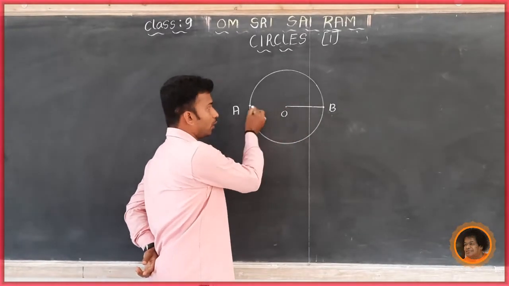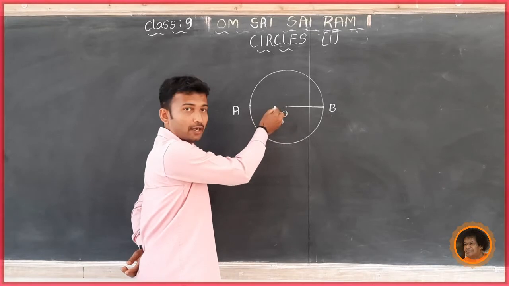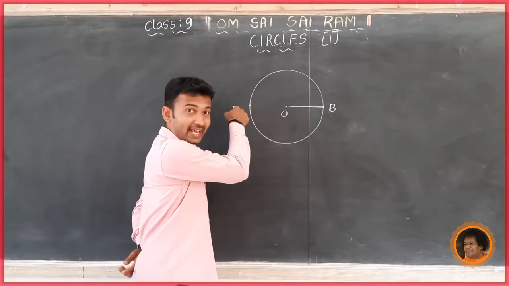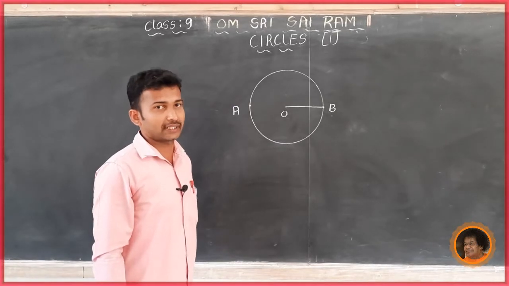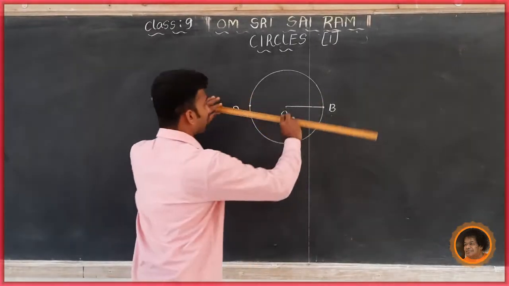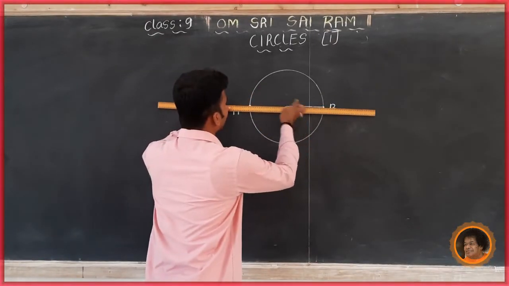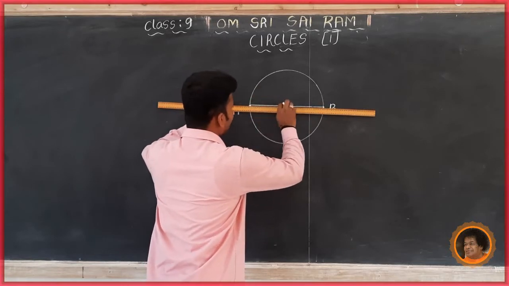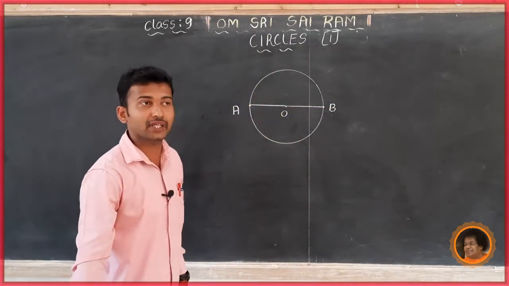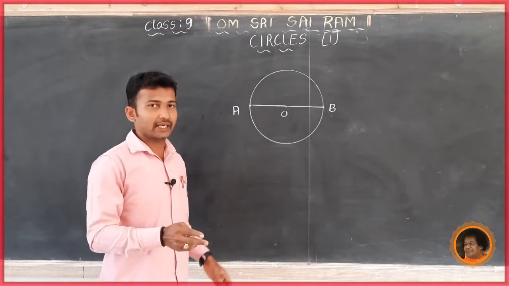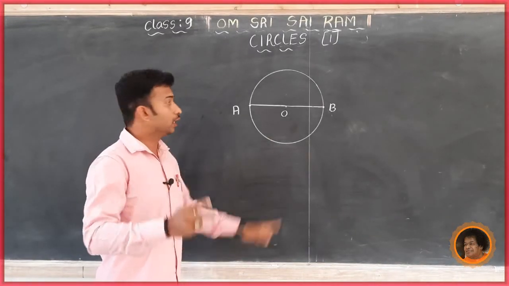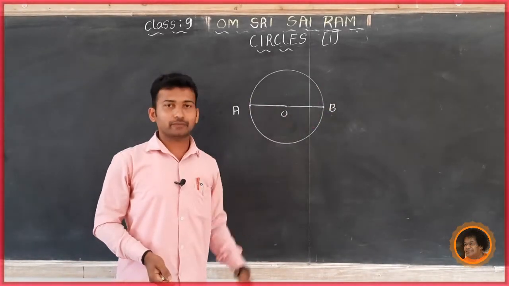Here also, the distance from the center to the point A is called a radius of the circle. So, in this case, we have 2 radii, OA and OB.